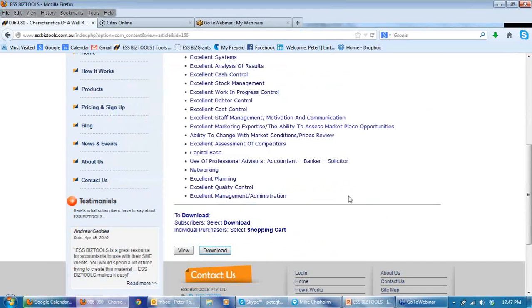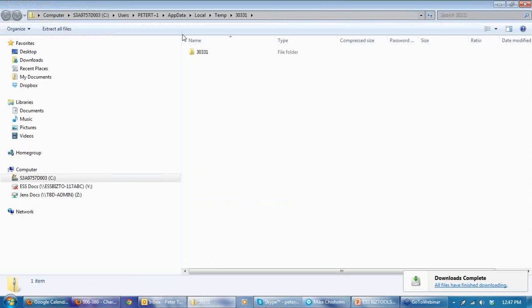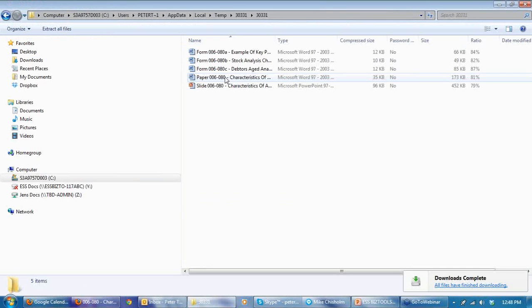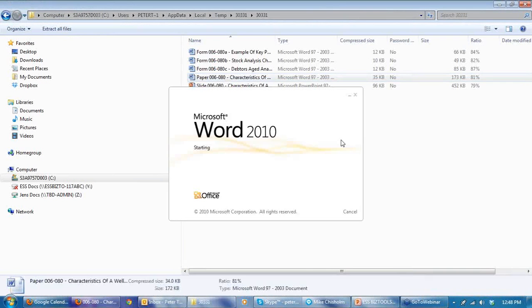And we're just going to download the paper now. There's the paper.